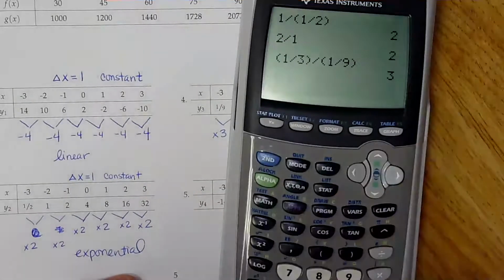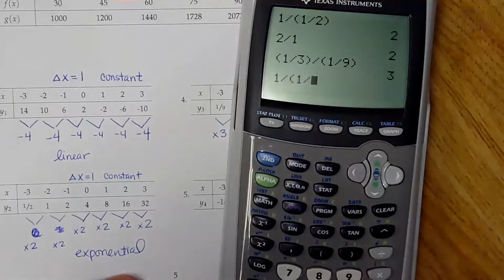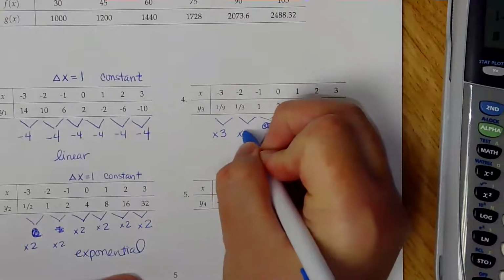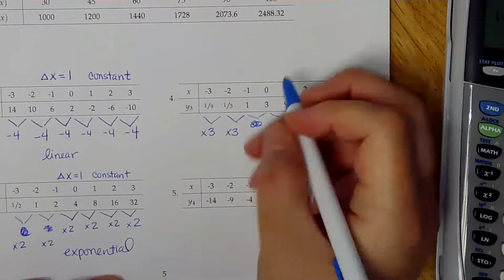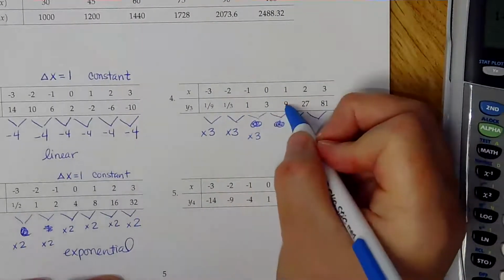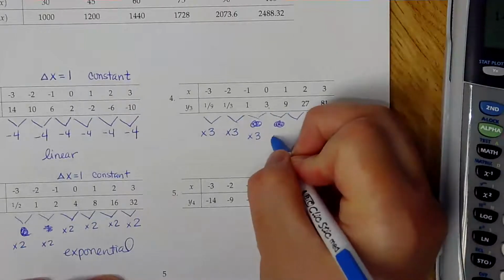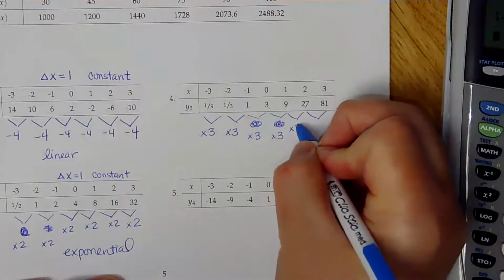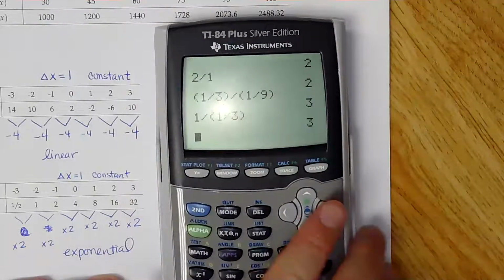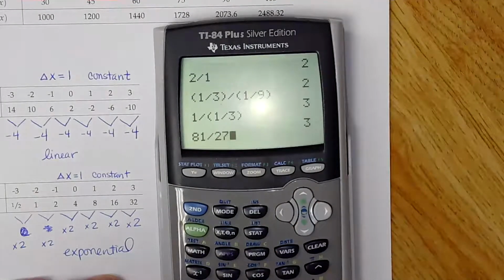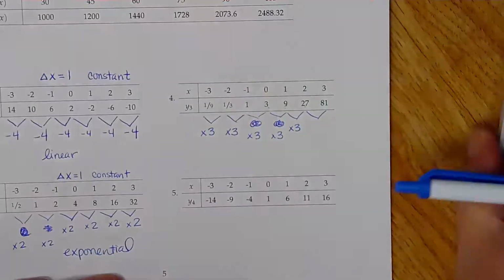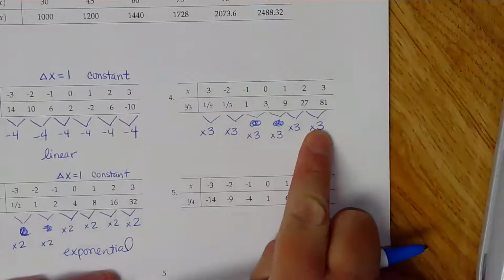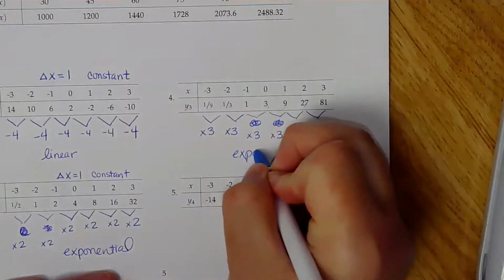And then 1 divided by 1/3 in parentheses, also 3. 3 divided by 1 is 3. 9 divided by 3 is 3. 27 divided by 9, also 3. And then you probably don't know 81 divided by 27 in your head, but that one's also 3. So since we multiplied by the same thing all the way across, this one is potentially exponential.